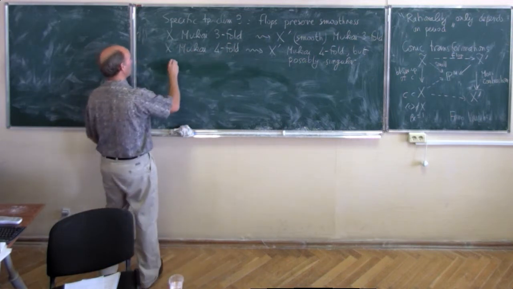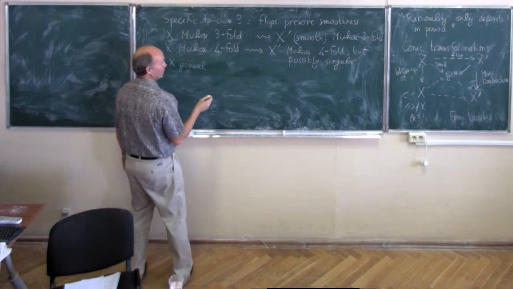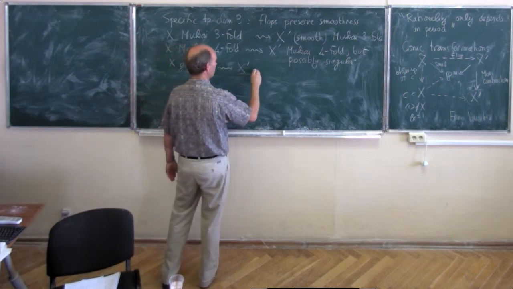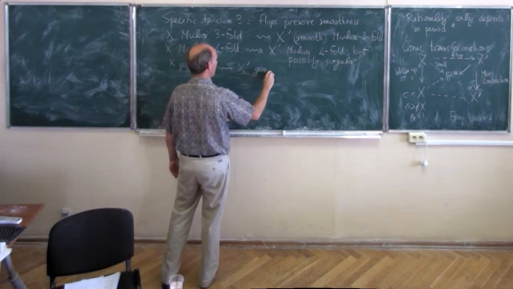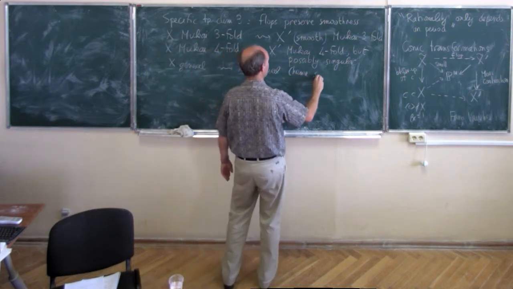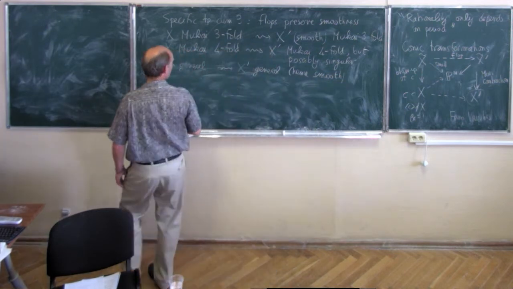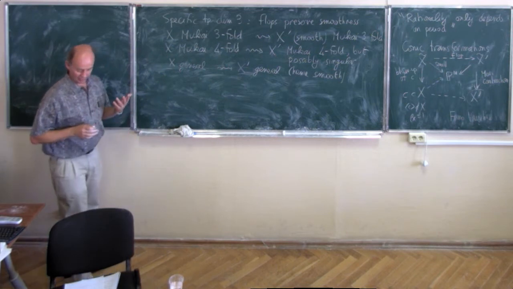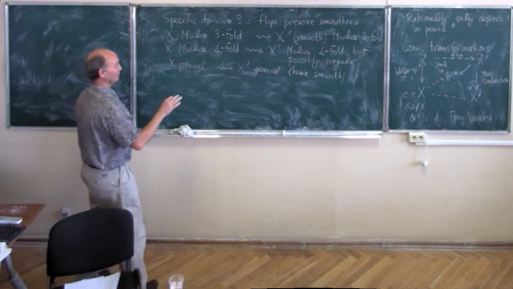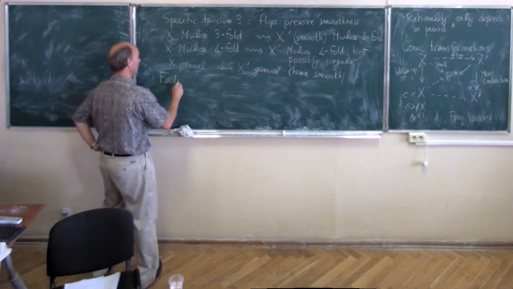When X is general, actually X prime is also general in the moduli space. So in this case, I can consider the EPW sextic actually. So the facts are that they are actually isomorphic.